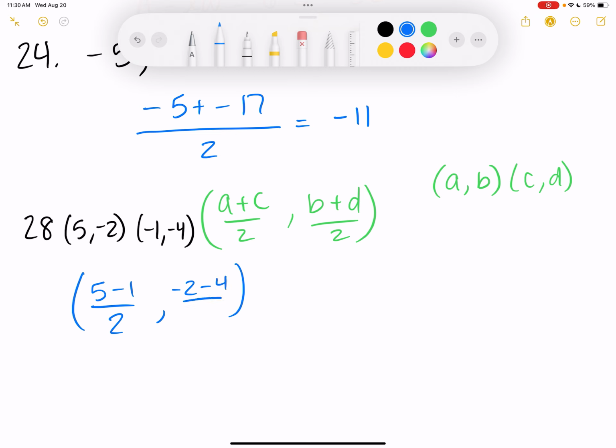Yep. Since these are negative numbers, that's why we're just saying minus, but it's technically plus a negative. So then we've got 2 and -3. So that would be our midpoint of that line. Any questions on that?